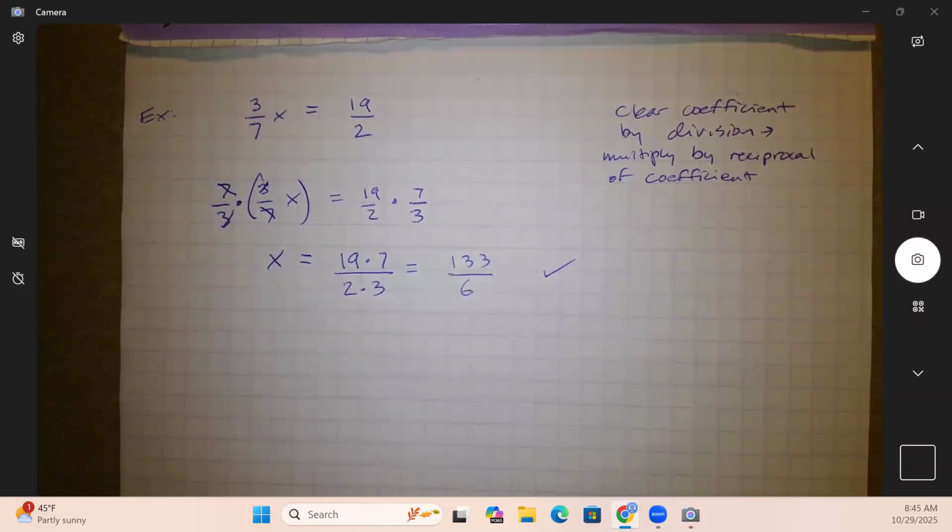And I found x, which is 19 times 7 over 2 times 3, or 133 over 6. Again, I might ask myself, does this reduce? Well, this one doesn't, because 19 is prime and 7 is prime, 2 is prime and 3 is prime. So the tops and the bottoms don't share any primes. So it doesn't reduce.